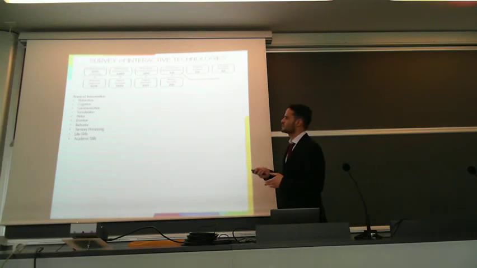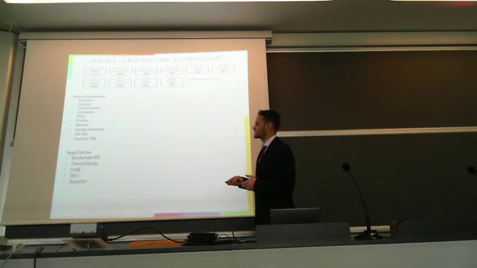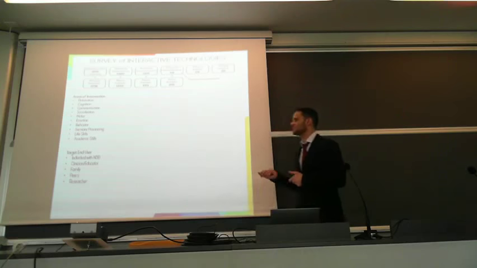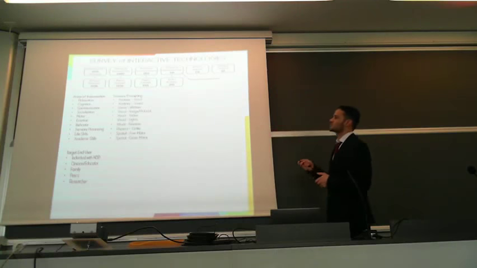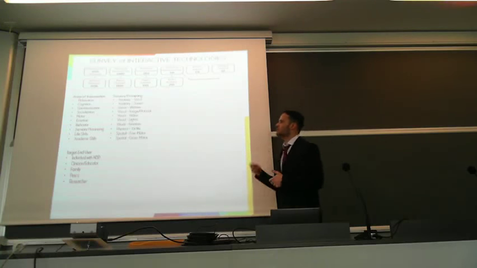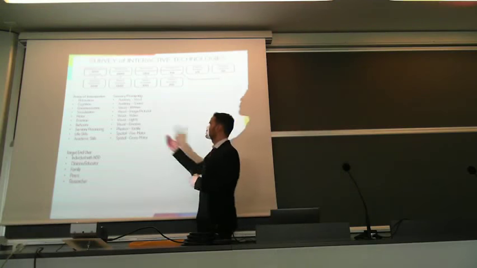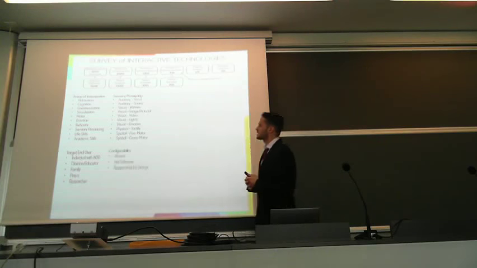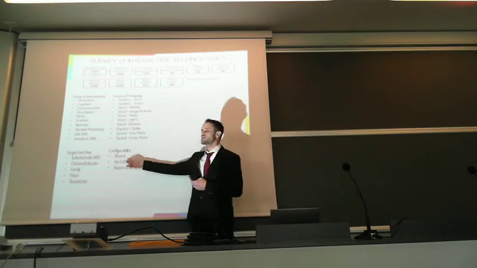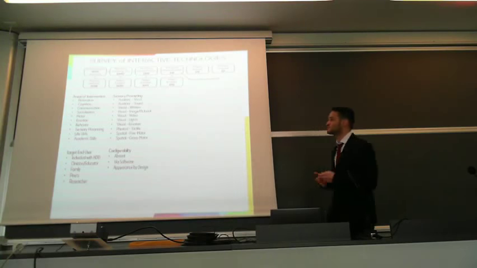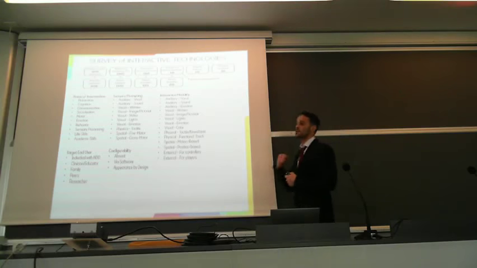So the areas of intervention, first of all, are the areas I've already explained to you. Then we have target and users, if the technology is targeted to individuals with NDD or others. Then the sensory prompting, so how the technology is prompting, how it is shown to the user. Then configurability, if the configurability is via software or by design.